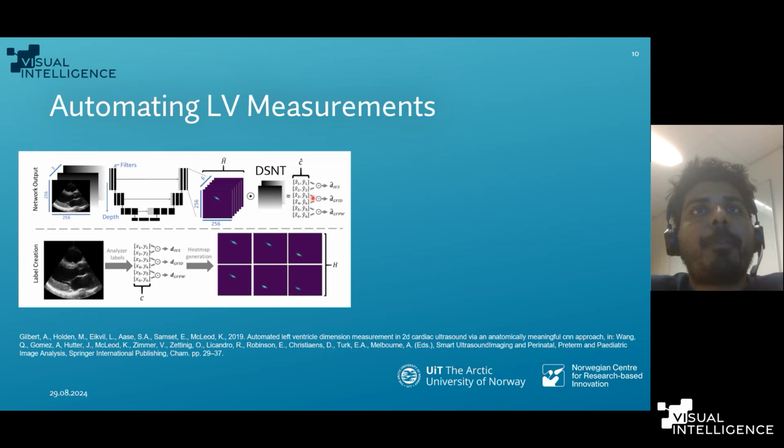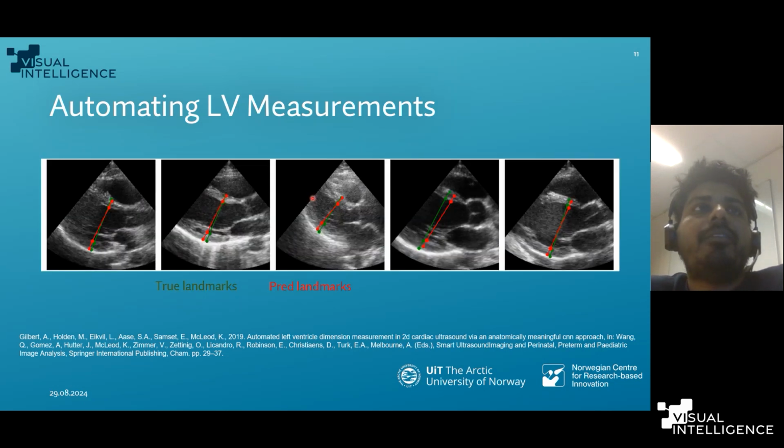So this is how the landmarks are predicted by the trained neural network. In red, these are the predicted landmarks from the neural network, and the green one is the ground truth.